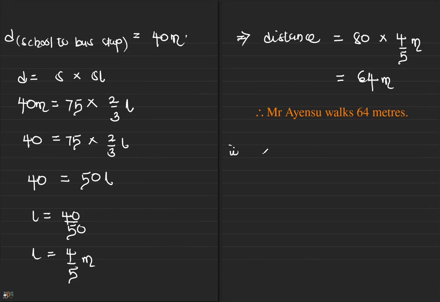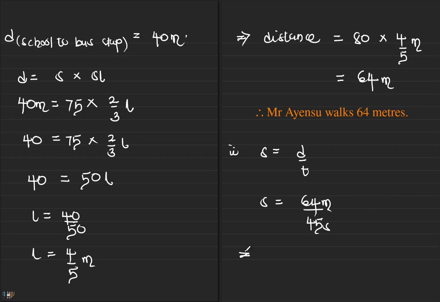So for his speed, which is distance over time, it means we have our speed S being equal to 64 divided by the time, which is 45 seconds. So 64 meters over 45 seconds, or 64 over 45 meters per second.